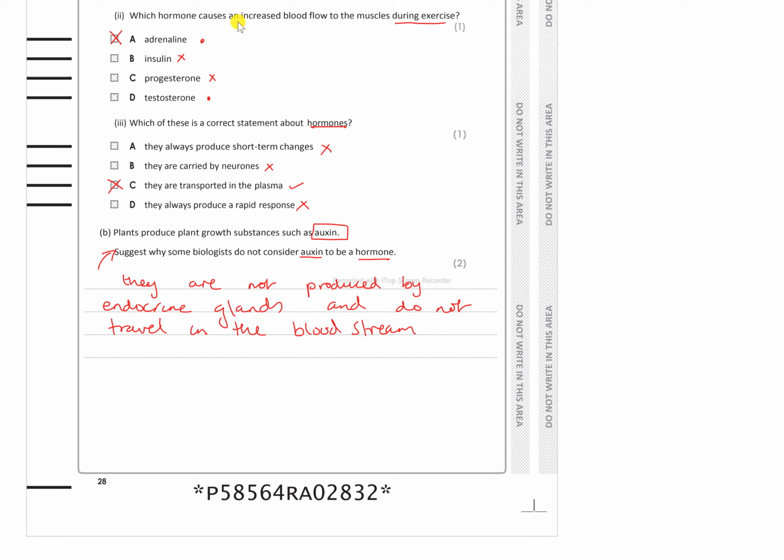So I think that should cover it, because they've also said that auxins have a different effect on roots and shoots. So that's why, but these two should cover it. They're not produced by endocrine glands and they do not travel in the bloodstream.